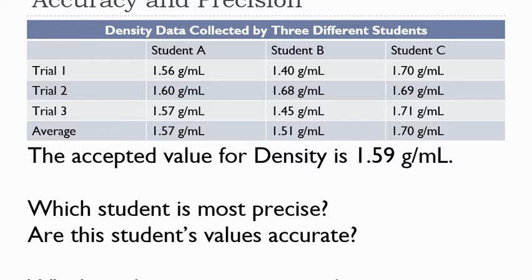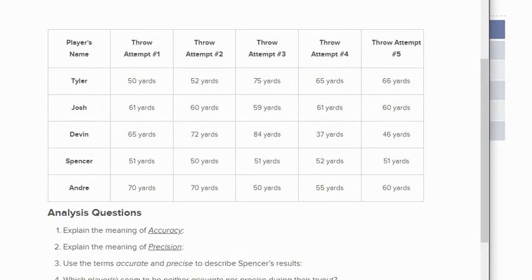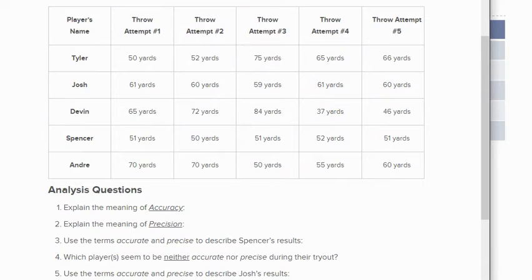Okay. Let's see. I found another one today where we're looking at accuracy and precision. So, I think here they were trying to throw the ball 50 yards.